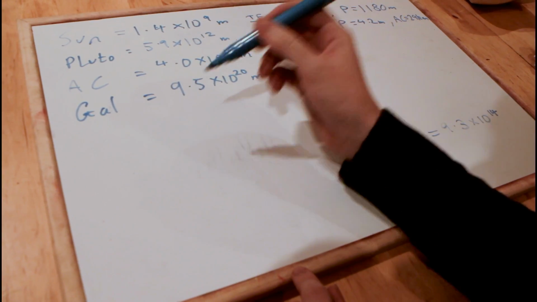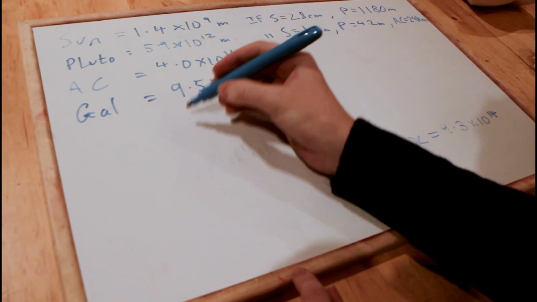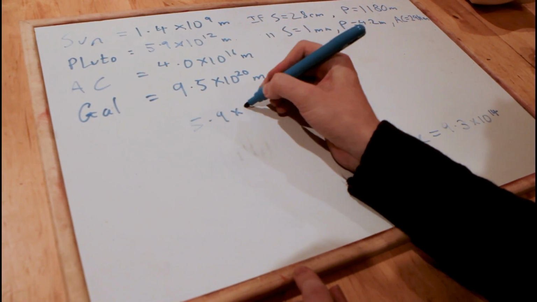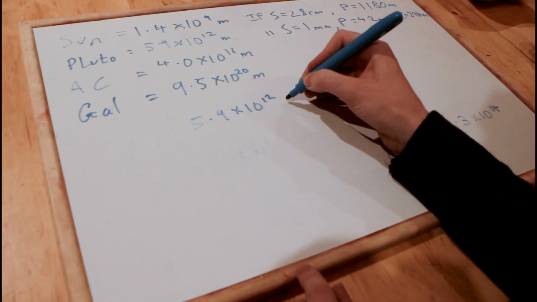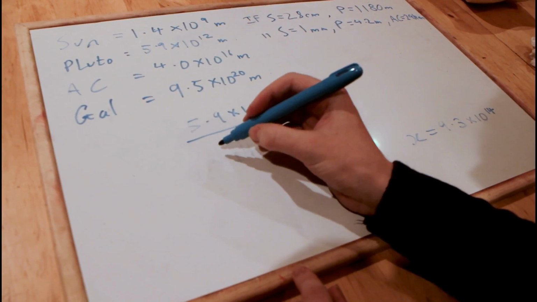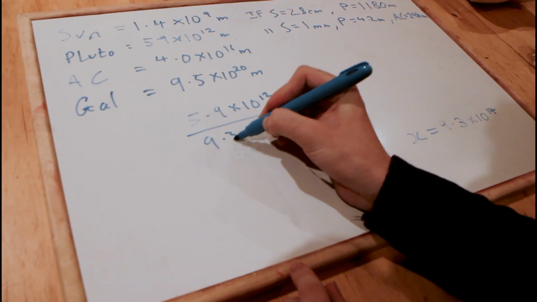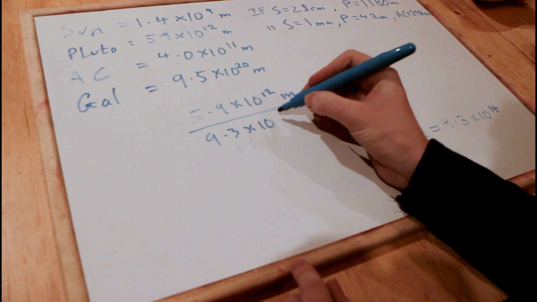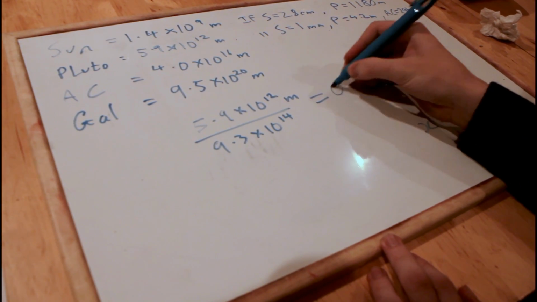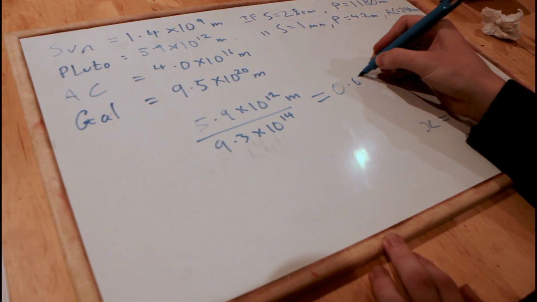So we shall take each one of our figures individually. Let's start with Pluto. 5.9 times 10 to the power of 12 meters in size. And we shall divide it by our x, which is 9.3 times 10 to the power of 14. That gives us roughly 0.63.